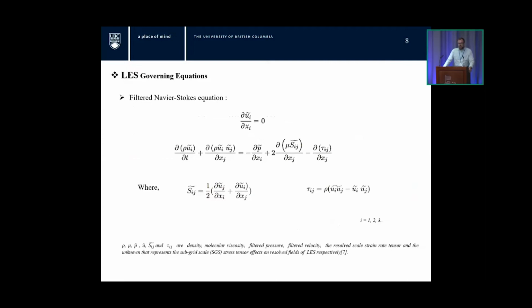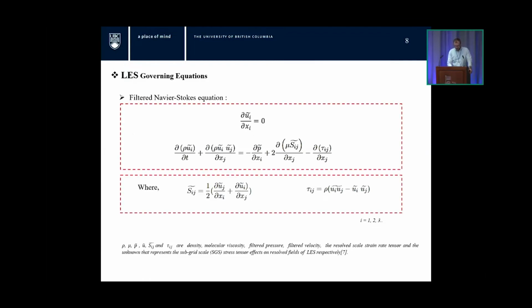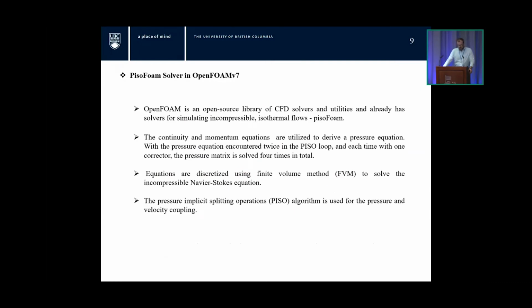For the large eddy simulation, we used LES, where we filter the Navier-Stokes equations, and then of course we have subgrid models for the unresolved scales. For the LES, we used the pisoFoam solver, and in that case, the equations are discretized using the finite volume method for the incompressible Navier-Stokes, and then pressure-velocity coupling is accomplished using the pressure implicit splitting of operators, PISO algorithm, and the continuity and momentum equations are solved twice.